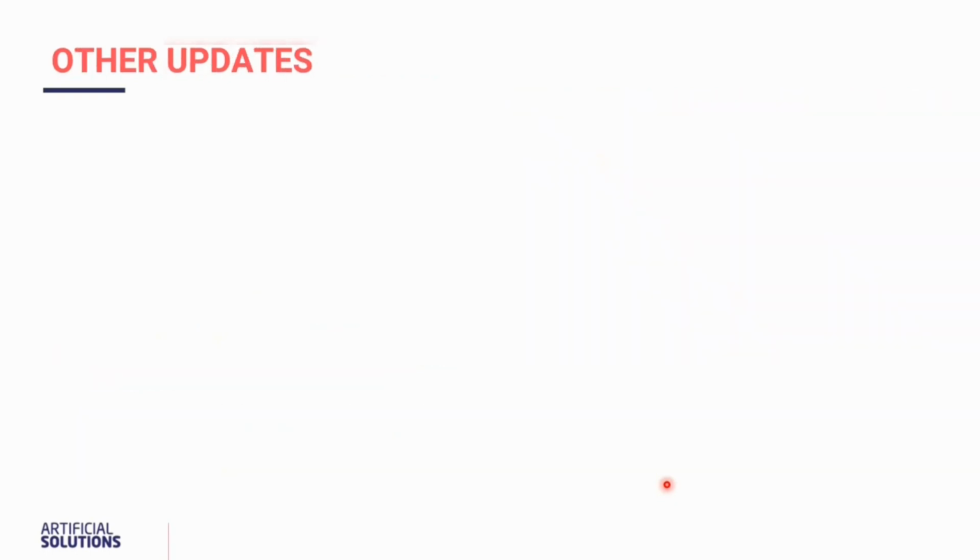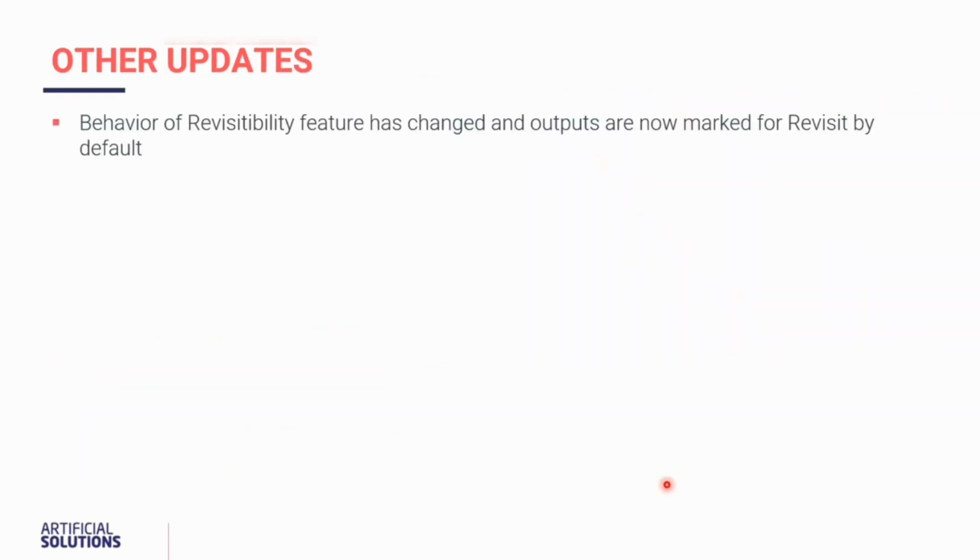Good. Other updates that we want to highlight here, and one interesting update, is the behavior of the revisitability feature. You know that on the outputs you could set whether you should be able to revisit an output or not. The default behavior has changed in Teneo 7. In Teneo 6, the default was that revisitability was not enabled.